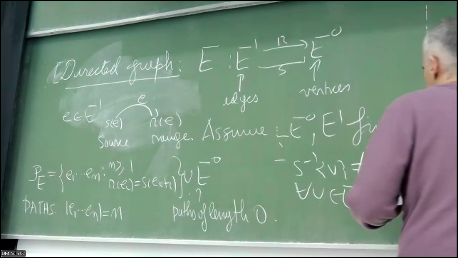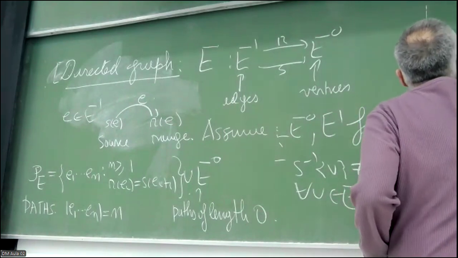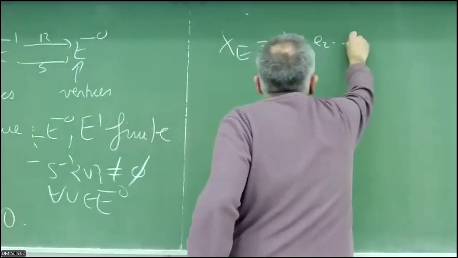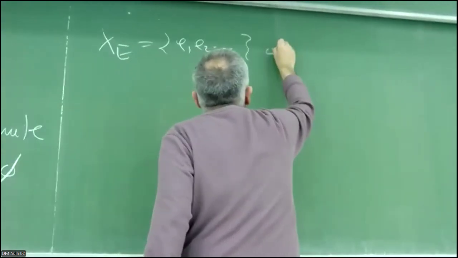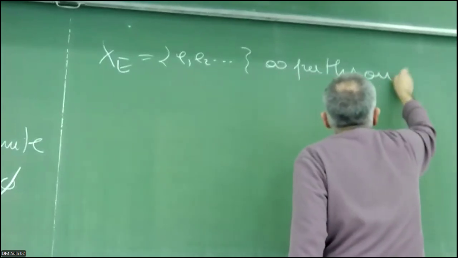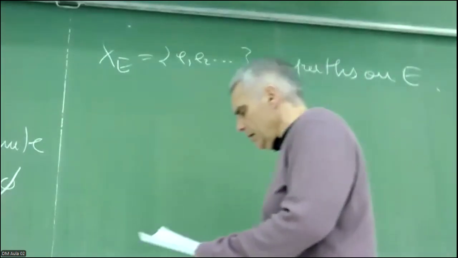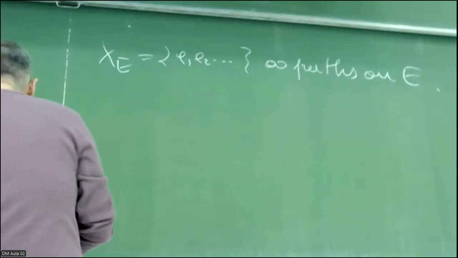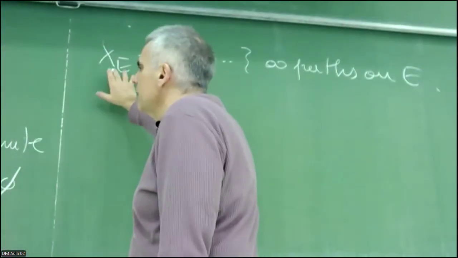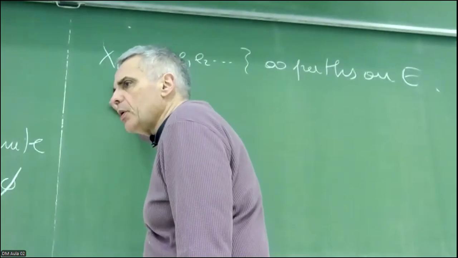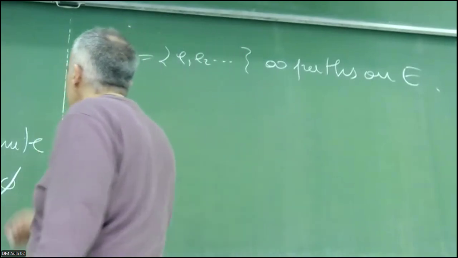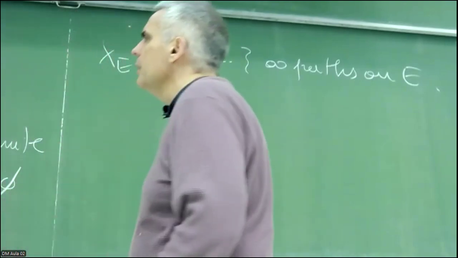And then we consider X_E, the set of all infinite paths on E. So we will give this set a topology, and this will be the space on which our semigroup will act.